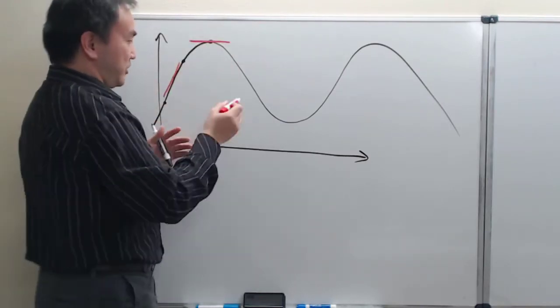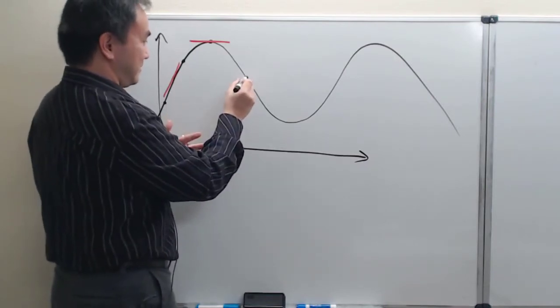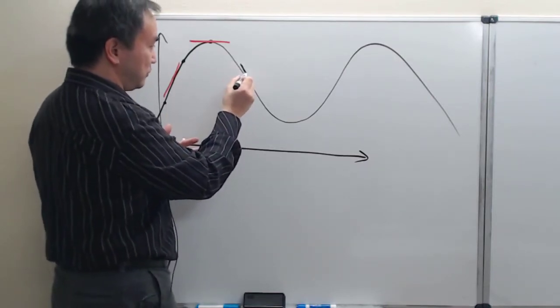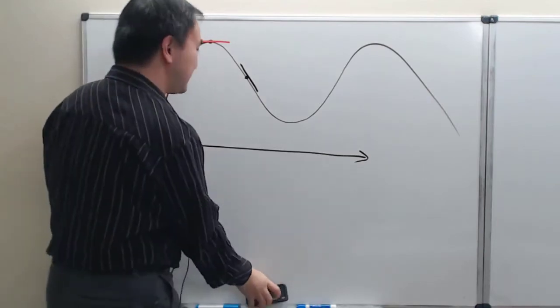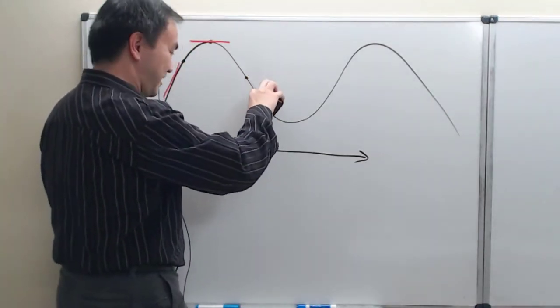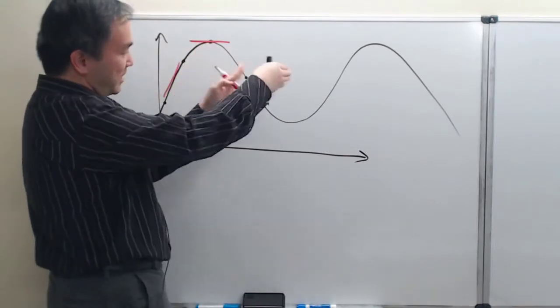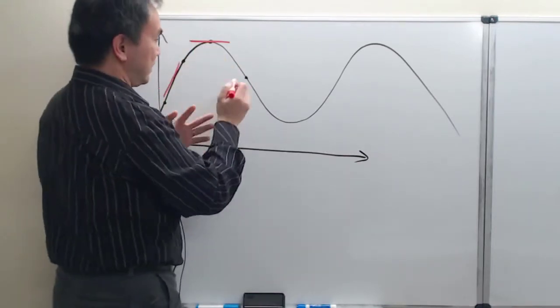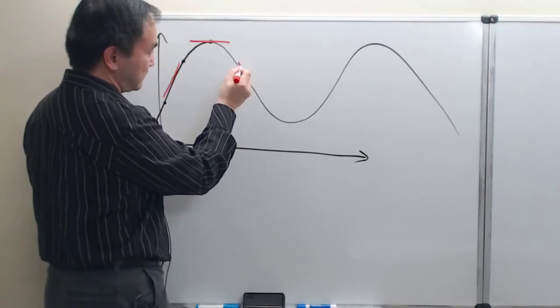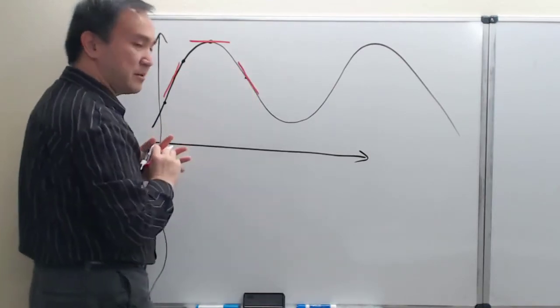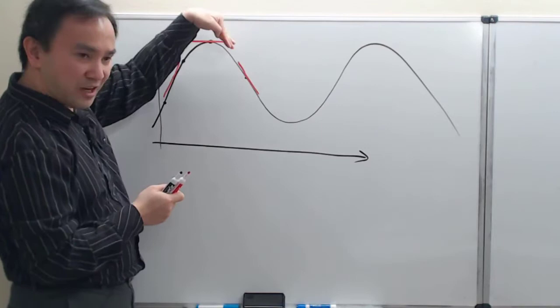Okay, so just like that, now when it navigates down, I should have used red ink. When the point turns somewhere to the right-hand side of that turning point, then once again, just like we saw in the computer animation, we get the tangent line pointing down.